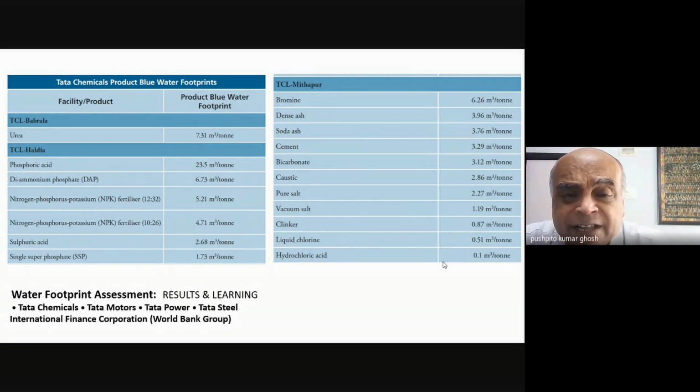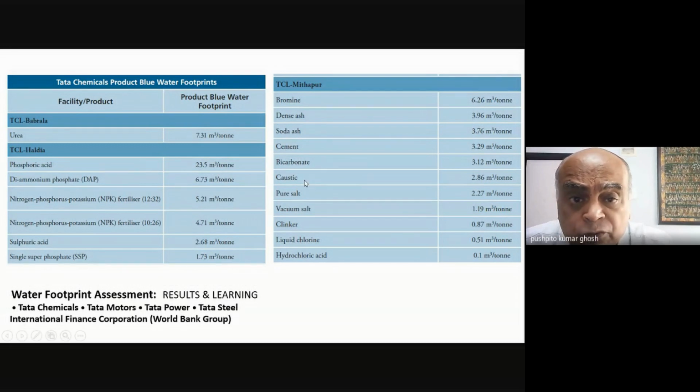The second is, it could be also something very, very useful for the senior management, because if they want to consciously make some effort to reduce the environmental footprint of their manufacture, they might then say, oh, listen, phosphoric acid 23.5 m³ per ton.